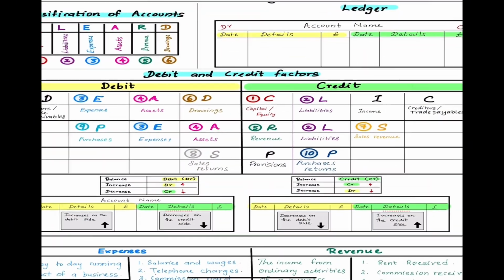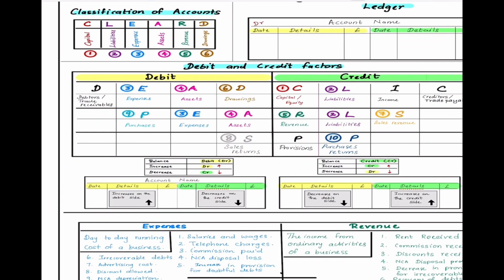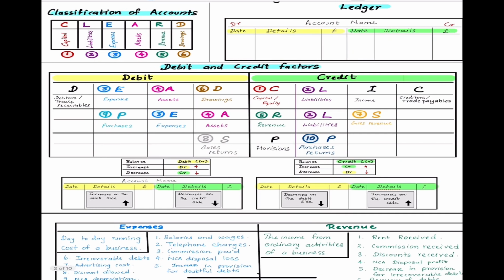Now, let's identify the debit and credit factors. We use the terminology such as DEAD CLIC, PEARLS, SPP. Now, let's focus on the first row, DEAD CLIC.